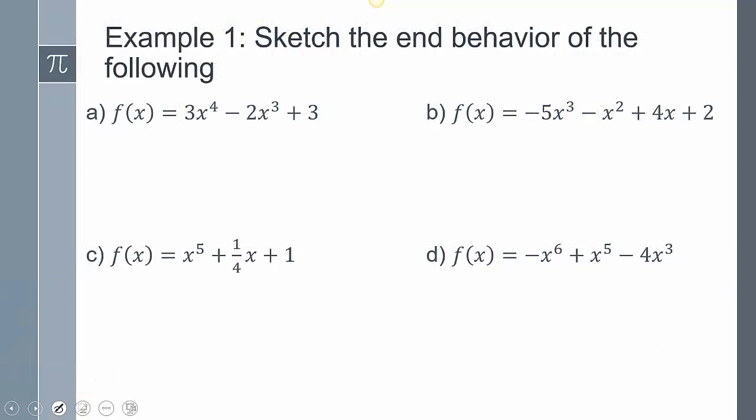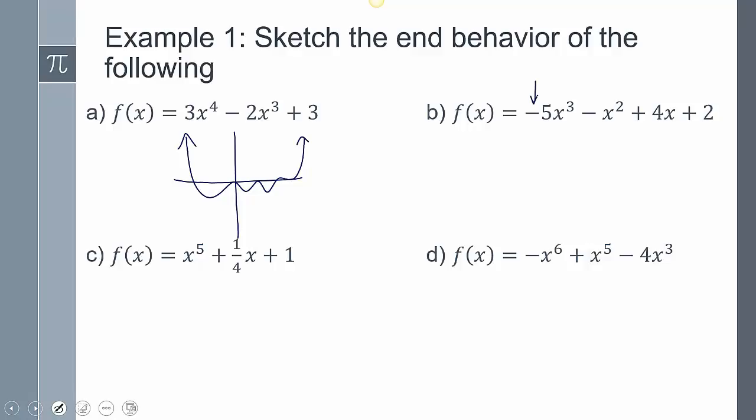So the sketch I would do would be something like this. I just know because of that pattern that because my degree was even, they're both going to go up, and because my leading coefficient was positive, they're both going to have that same shape. They're both going to go up.